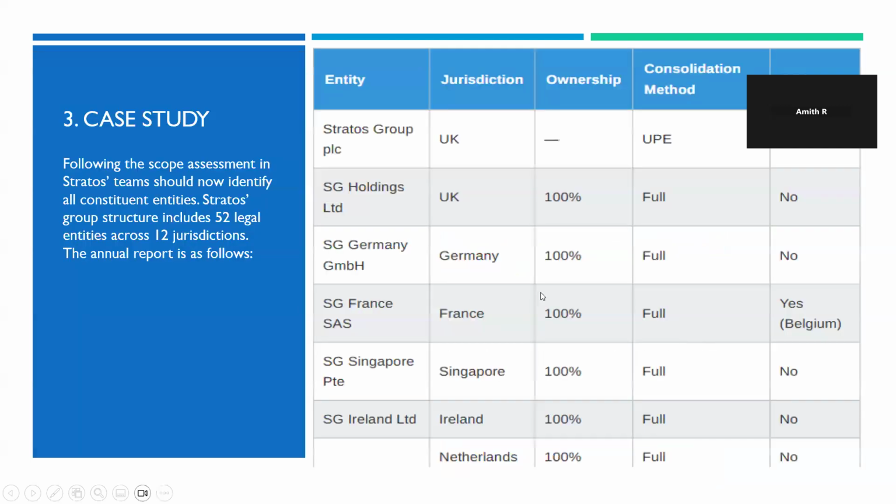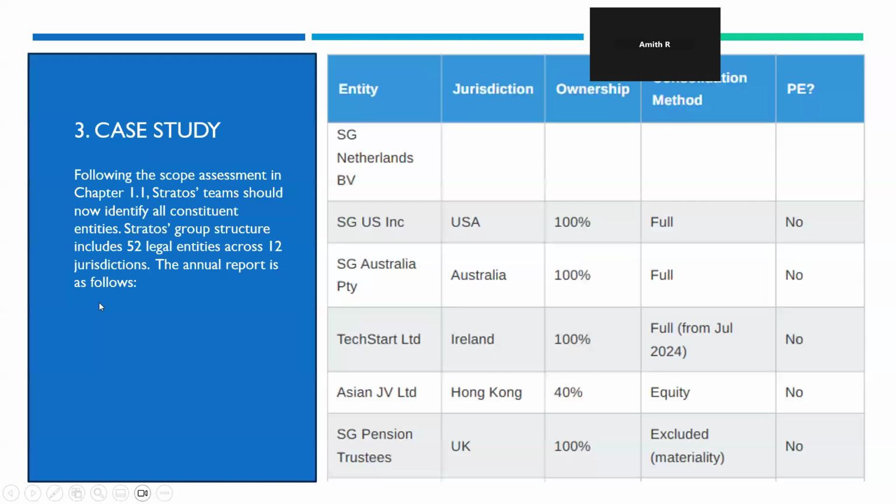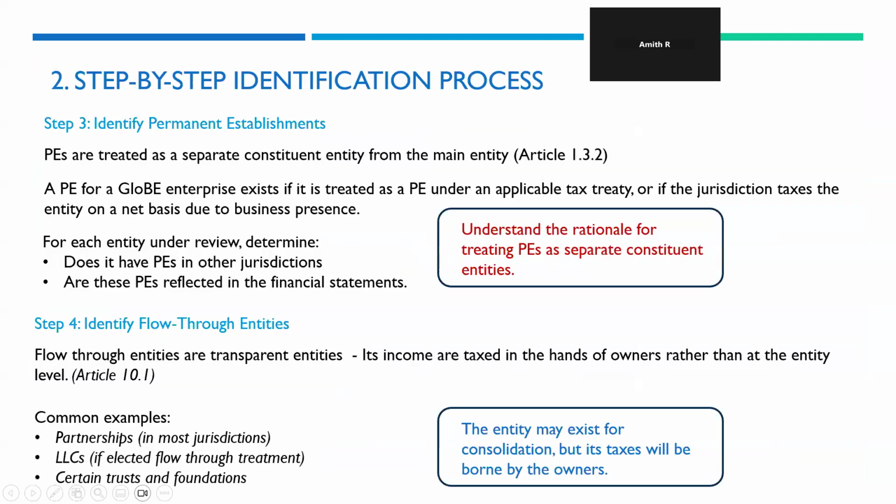Now let's do a simple case study. But before that, what did we learn? What are the types of constituent entities? Any entity which is consolidated line by line or proportionately, or which is even dormant, or which is even not considered for materiality concerns.